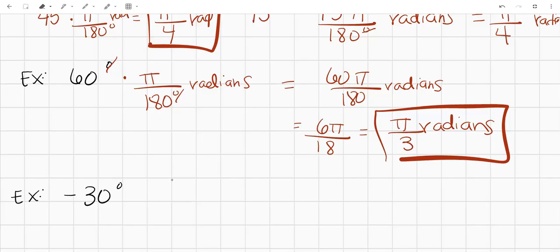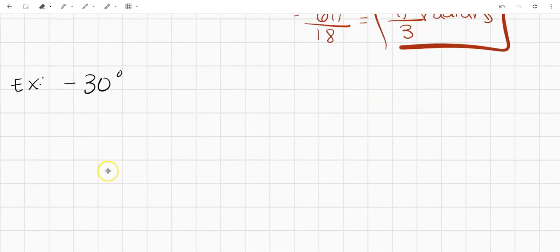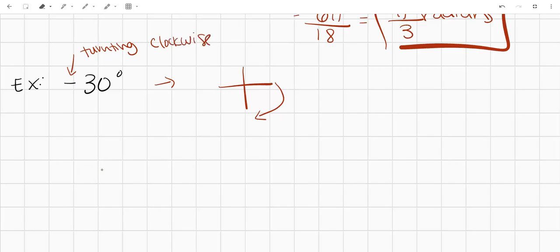Okay, so now what about when you have a negative degree? Well, it's the exact same thing. The negative just tells us that the circle is going clockwise instead of counterclockwise. So negative means we're turning clockwise or to the right. So it doesn't change anything. It'll just mean my radians is negative.